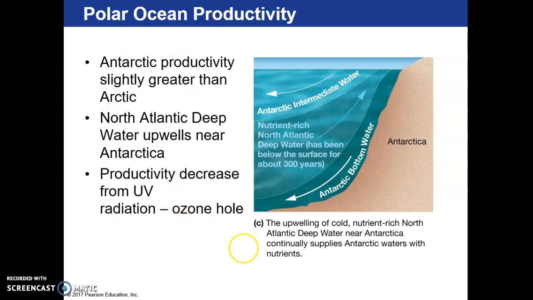Now, remember that there is still, but it's less so now, a very large hole in the ozone layer over Antarctica, and it does vary in size from year to year. But what we noticed when that phenomenon was starting to be discovered is that there was an unexplained decrease in productivity in that area. So nothing had changed regarding the sunlight that it was getting, nothing had changed regarding the upwelling, nothing had changed regarding those normal systems that we were aware of.